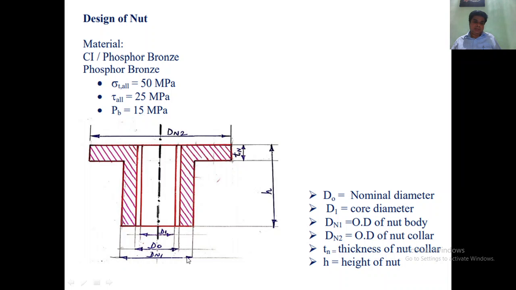And DN2 is the outer diameter of the nut collar. The upper part of the nut is extended, so this is called the nut collar. Tn is the thickness of this nut collar, and height H is the height of this nut.